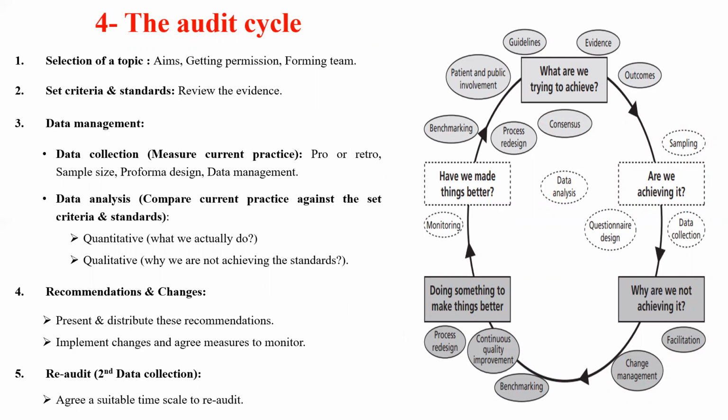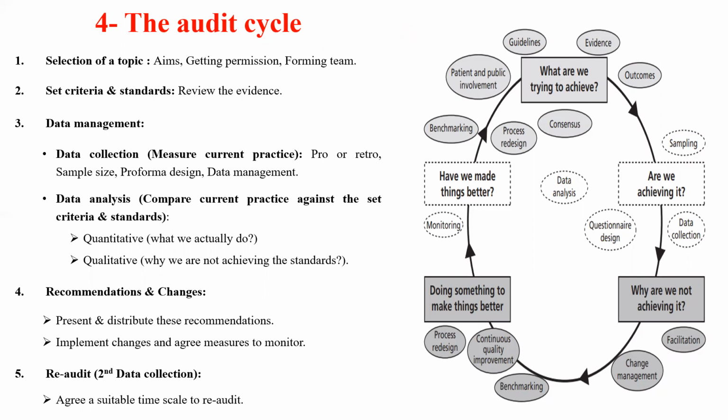Now the fourth question, which is the main bulk of our station today, is the audit cycle. What are the components of the audit cycle? Simply, there are five steps of the audit cycle to be completed. The first step is to select the topic or to identify the problem.